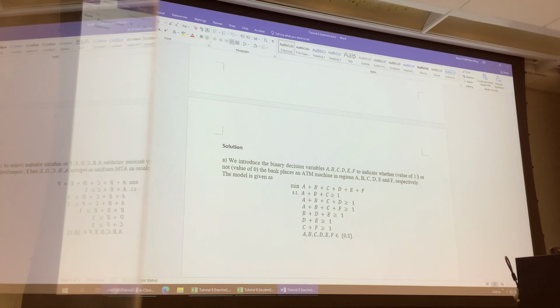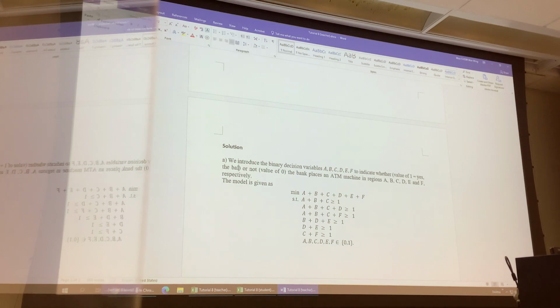So a value of 1 means yes. That means the bank will place an ATM in that region. So 1 or 0 means yes or no. A value of 0 means no.